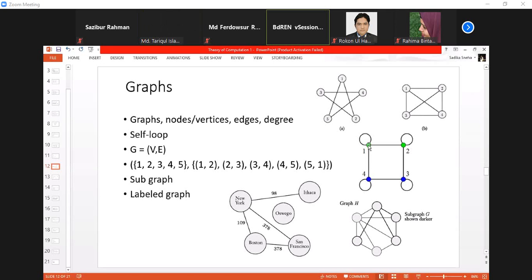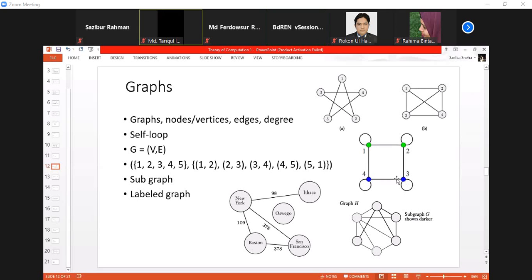It is an edge starting and ending at node 1. There is another self loop starting and ending at node 2, another at node 4, and this one at node 3. There are several other edges also, but the self loop is represented in this format, where it starts and ends at the same node.